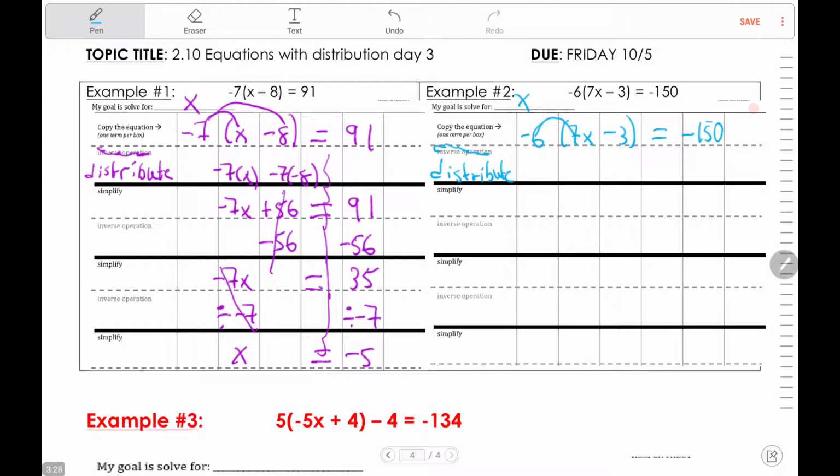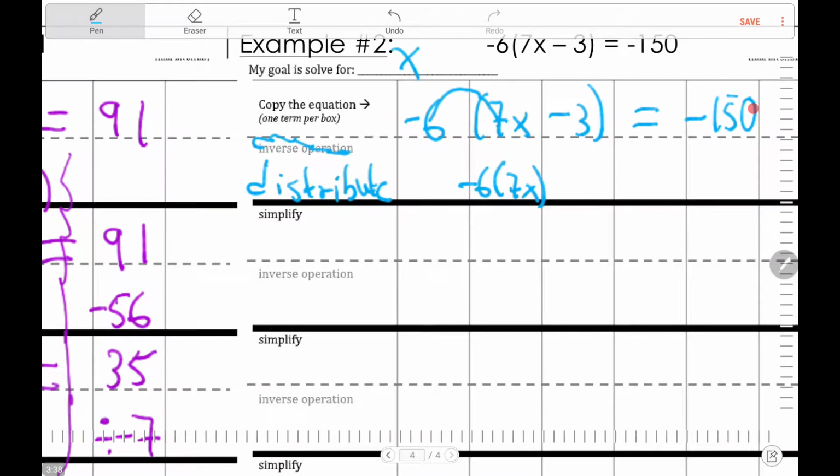So -6 times 7x is our first thing, and -6 times -3 is our second one. Okay, remember these come down, this comes down. Okay, let's simplify. What's -6 times 7x?